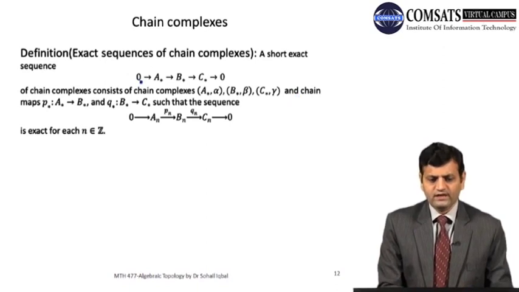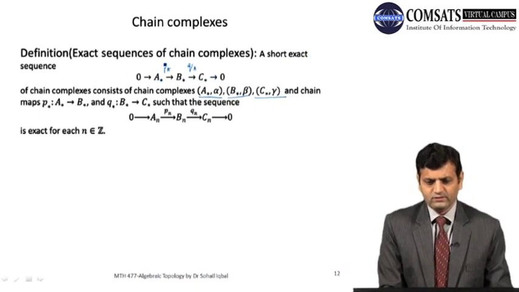So in other words, if we have three chain complexes, together with P star, which is a chain map between A star and B star, and Q star, which is a chain map from B star to C star, then these chain complexes with these chain maps form an exact sequence of chain complexes if and only if for each and every n, this sequence is an exact sequence.